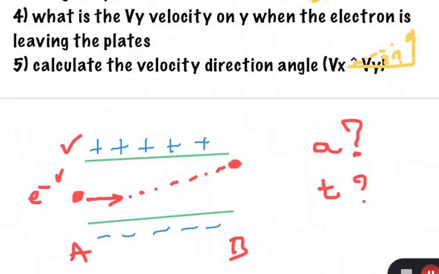Let's call this H. Here is horizontal, so the electron is leaving there. What is H here?